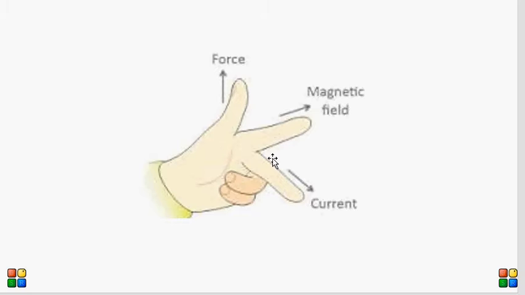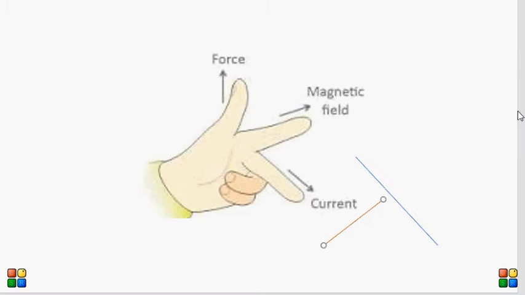Basically, it states that if a conductor is placed like this, okay, this is the conductor, and there's an electric current passing through it in this direction, and there's a magnetic field in this direction.